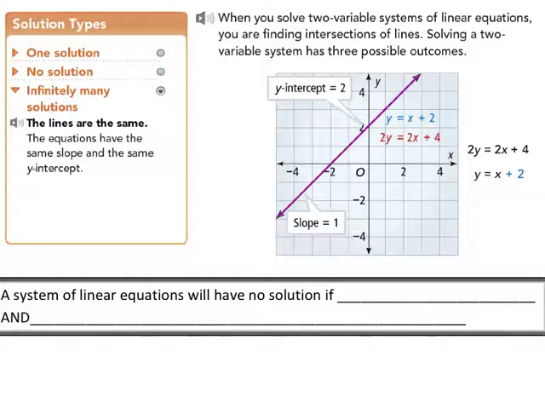Now there's a typo in our notes, so we need to fix it. We need to get rid of the wording that says no solution, and change that to be infinitely many solutions.